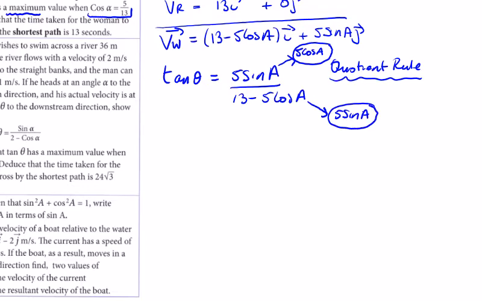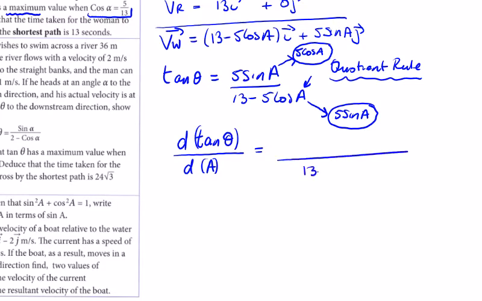For the quotient rule, I'm differentiating tan theta with respect to alpha, the angle. It could be x, but this time it's alpha. On the bottom, we put the bottom squared, 13 minus 5 cos alpha all squared.